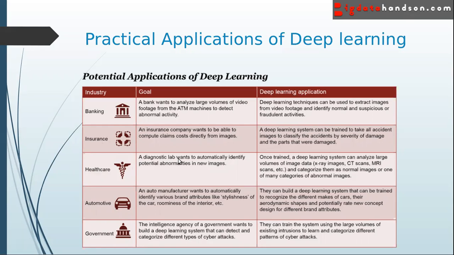The diagnostic lab wants to automatically identify potential abnormalities in new images. And in automotive, an auto manufacturer wants to automatically identify various brand attributes like the stylishness of the car, roominess of the interior, etc. And in government, the intelligence agency wants to build a deep learning system that can detect and categorize different types of cyber attacks. So these are the applications of deep learning.